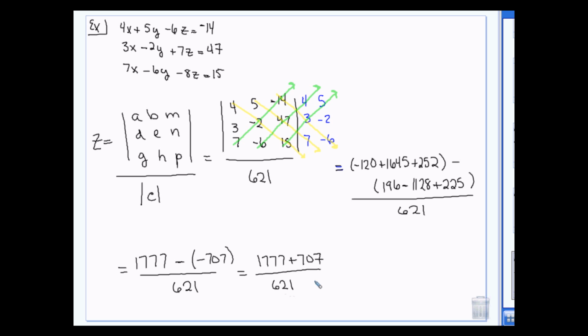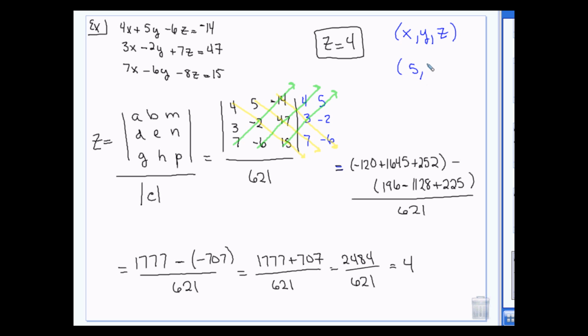Lots of sevens here. Equals 4. So z equals 4. So your solution to the whole system is x, y, z. So x was 5, y was negative 2, and z is 4.